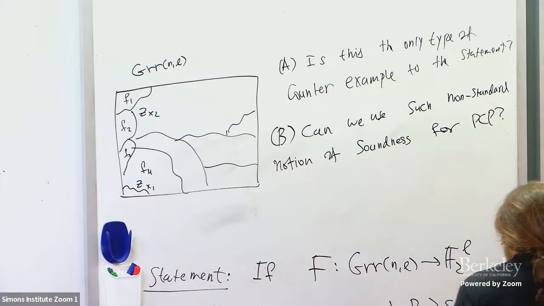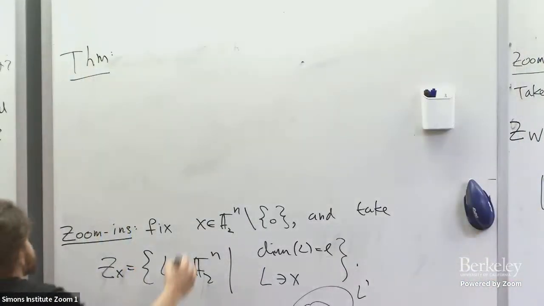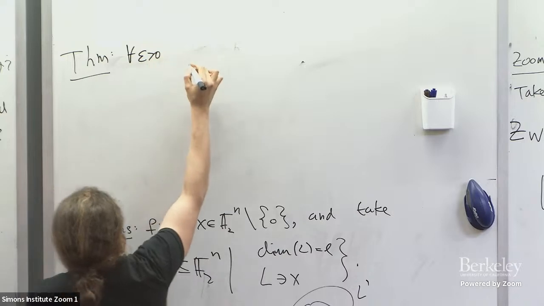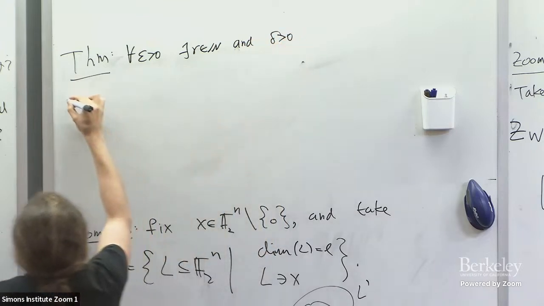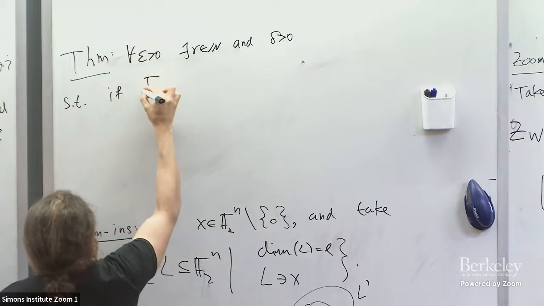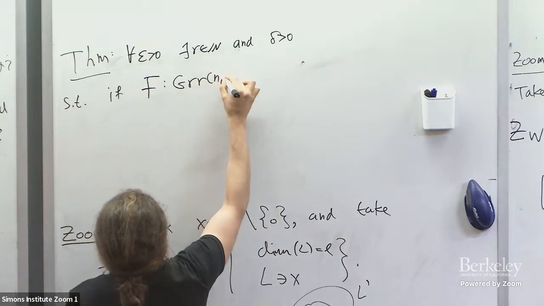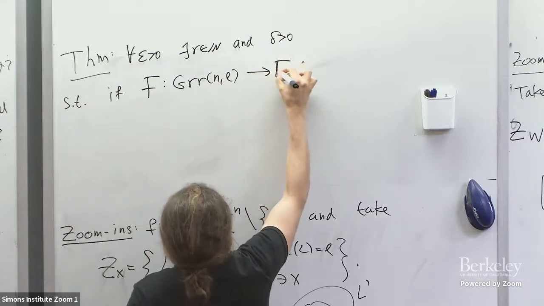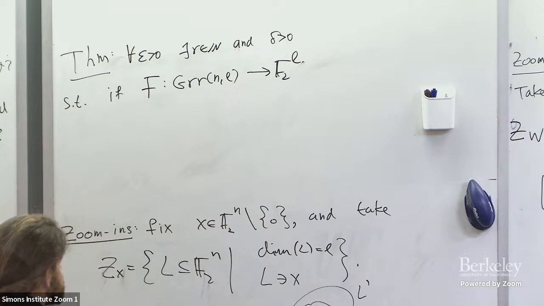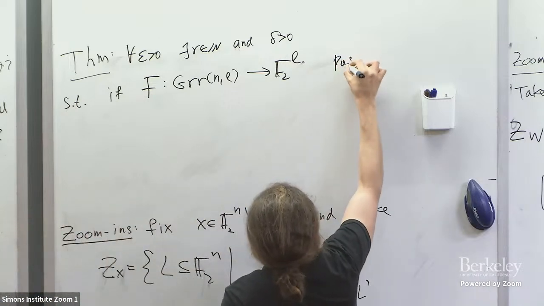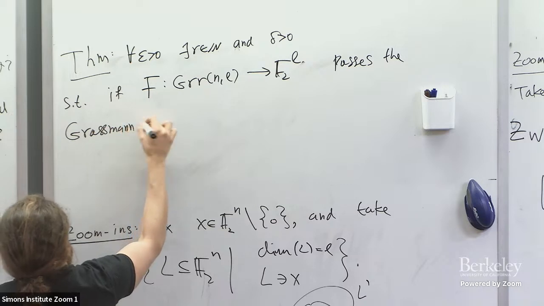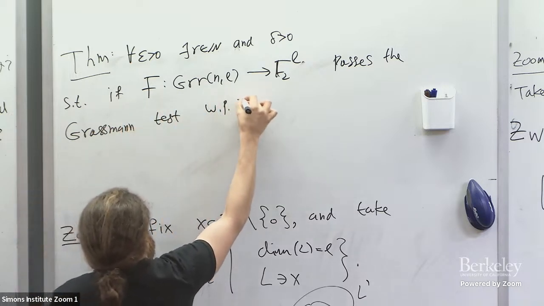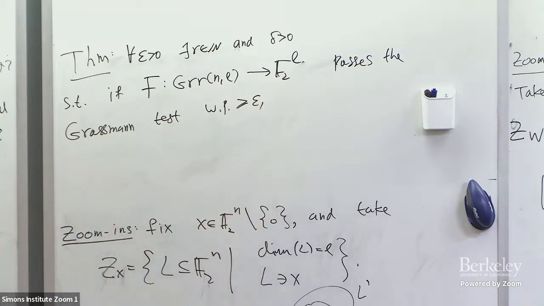Now, this is now a statement that is true. So for every epsilon greater than 0, there is some r and delta such that if F is an assignment to the subspaces of linear functions, it passes the Grassmann test with probability epsilon, then, so first of all, I want to say that there exists some small set that doesn't expand.